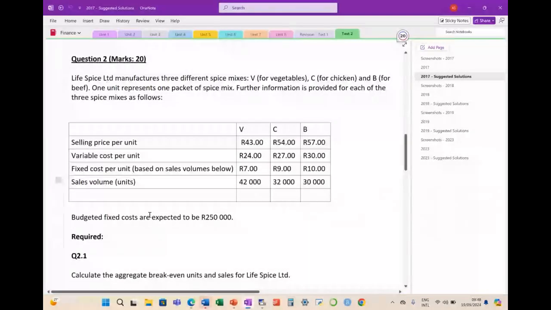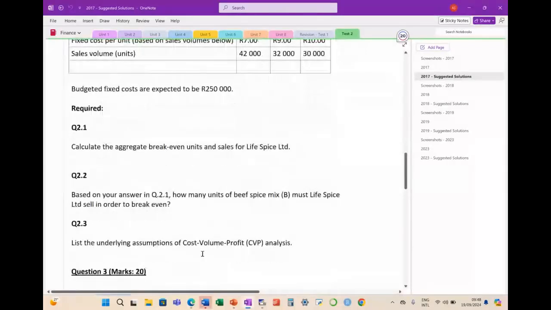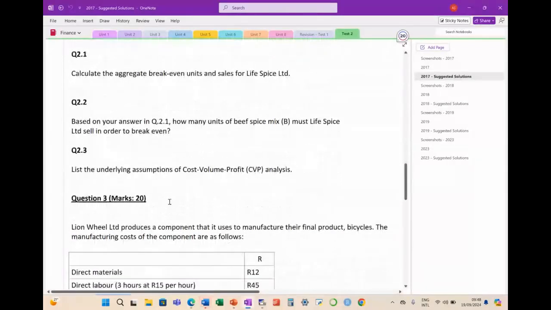Then here, question 2, calculate the aggregate break-even in units and sales. Based on your answer in question 2.1, how many units? Aha, so here can you see, this is what you guys were asking earlier. Now we're splitting to say how many units of B must Life Spice Ltd sell in order to break even.